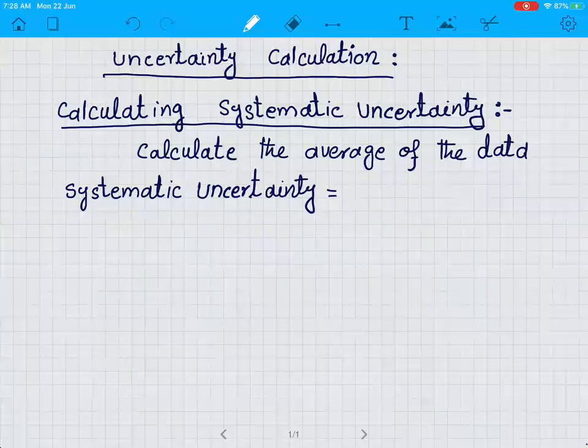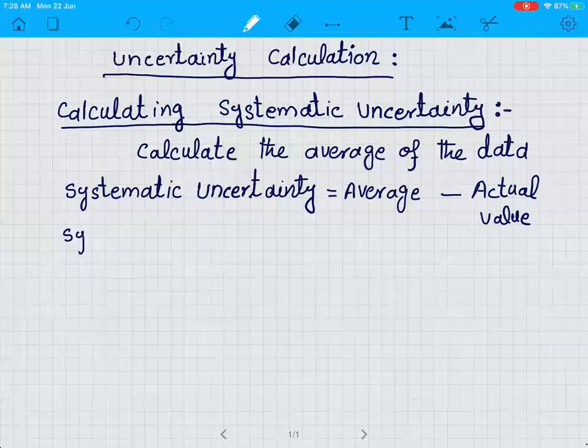So if we subtract the average value minus the actual value, then we'll get the systematic uncertainty. And one thing, systematic uncertainty could be positive or it could be negative.